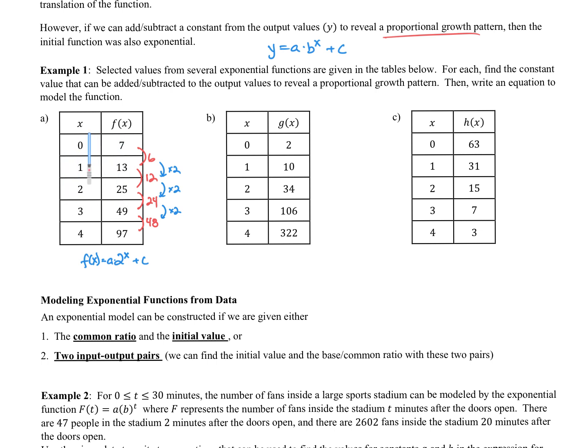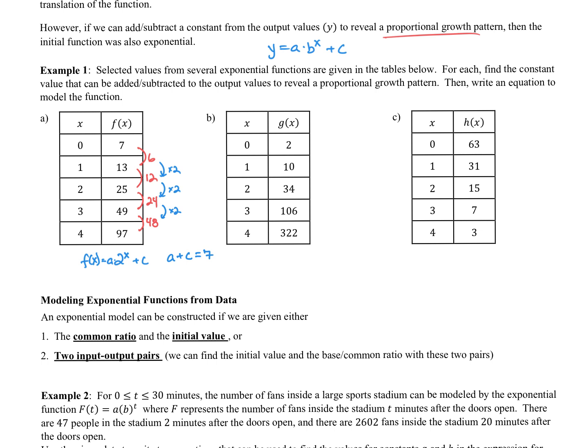The first ordered pair is 0, 7. If I substitute in 0 right here, 2 to the power of 0 is what? 1. Is everybody following me? And so I'm left with a plus c is equal to 7, because when I substitute in 0, I get 7. But I don't know what my a and c are. Is everybody following this?